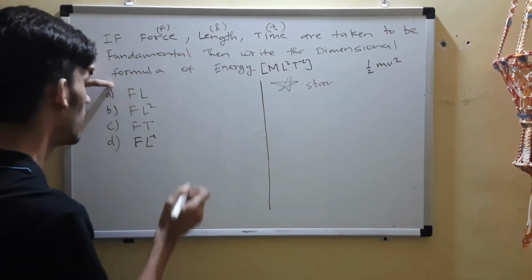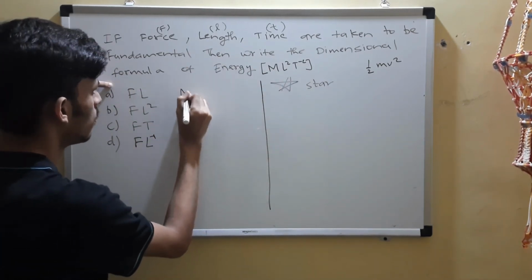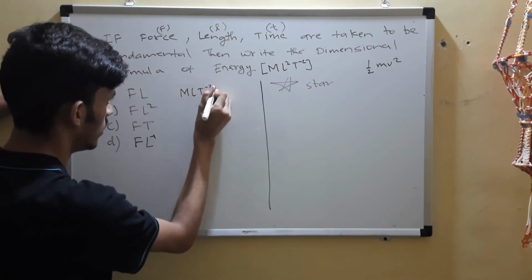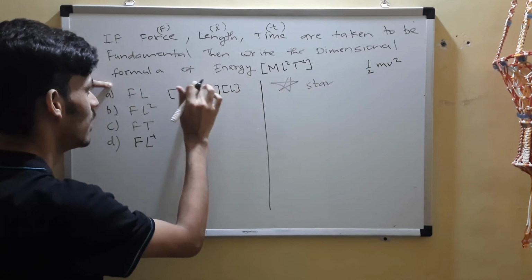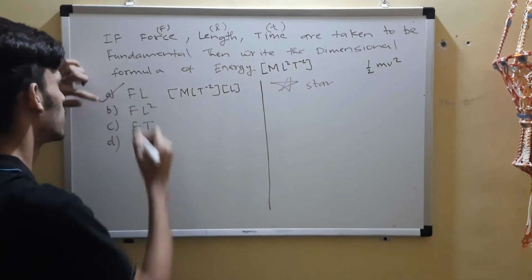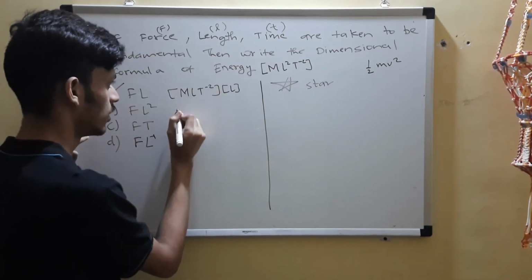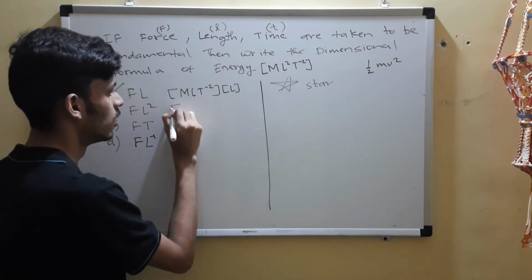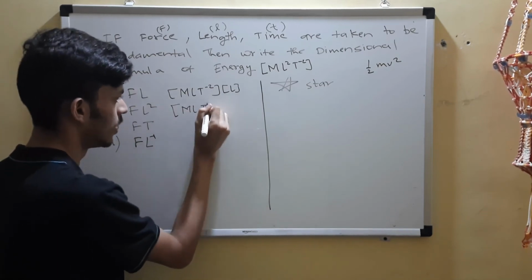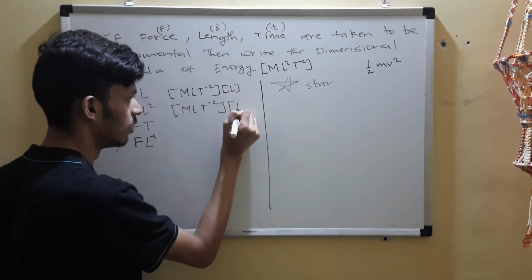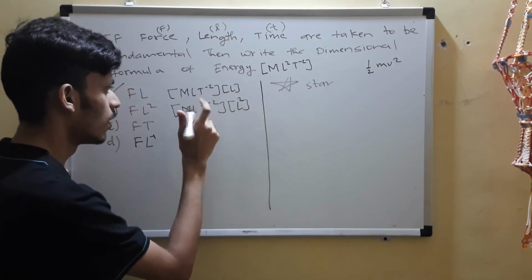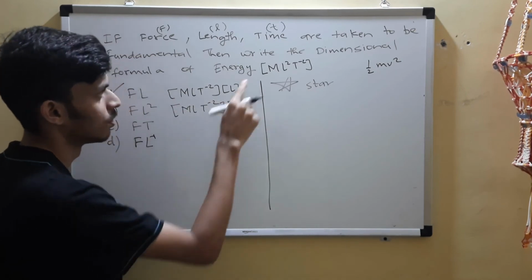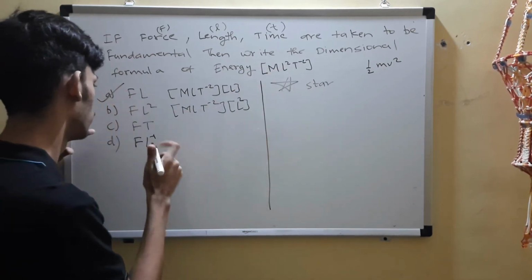So F into L. Force we know, mass into acceleration. Oh, the first one is correct. So M L plus 1. Yes, first one is correct. Now let's prove the others wrong since it's a single correct option. M L T^-2, and here also we'll have L squared, so 2 plus 1, 3, that does not match, it's out.